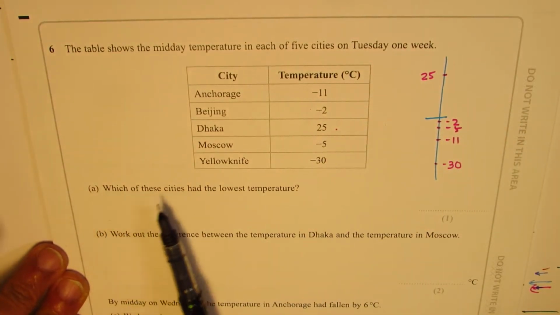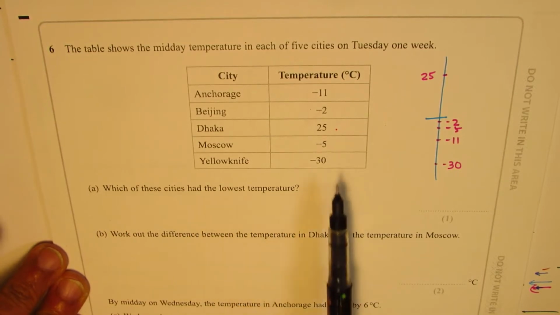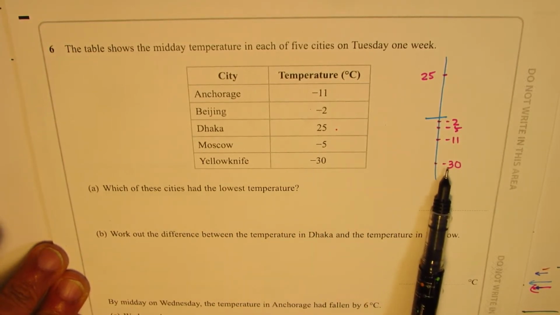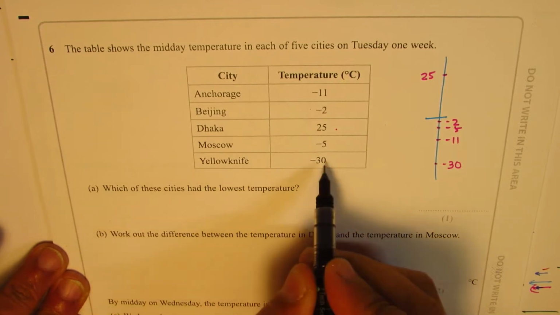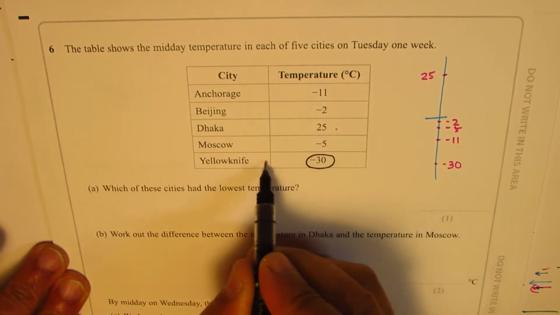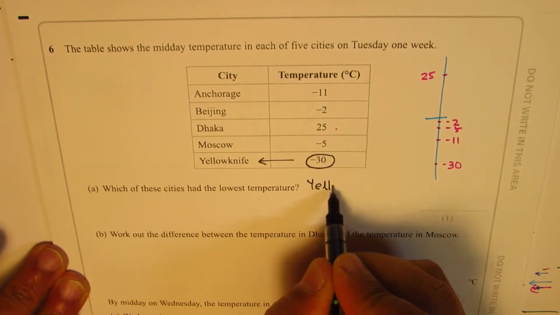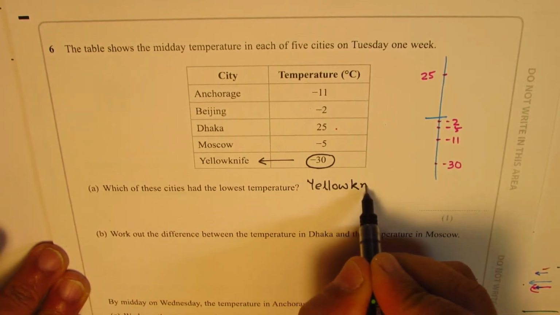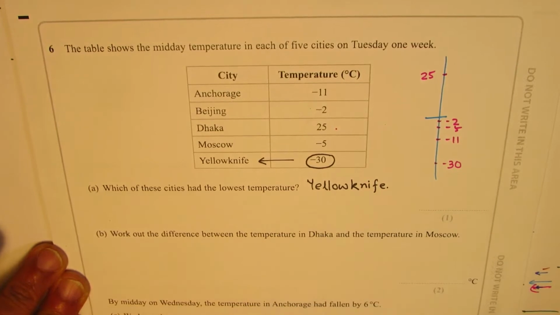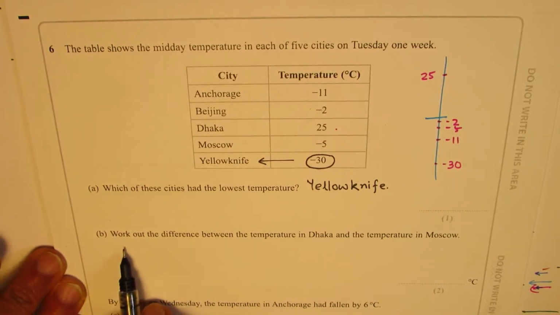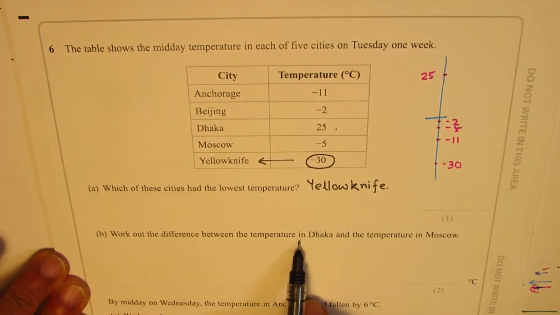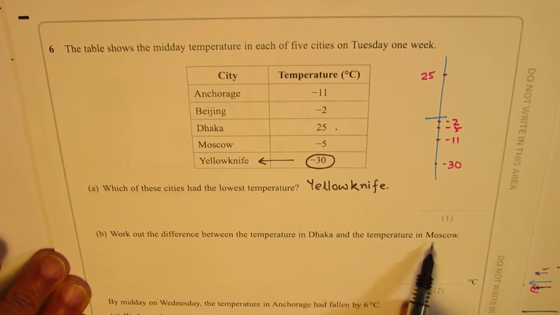Now the question is, which of these cities had the lowest temperature? So the lowest is this, minus 30, Yellowknife, right? So this is the lowest temperature. And the city is Yellowknife. So we'll write the answer as Yellowknife. Part B is, work out the difference between the temperature in Dhaka and the temperature in Moscow.